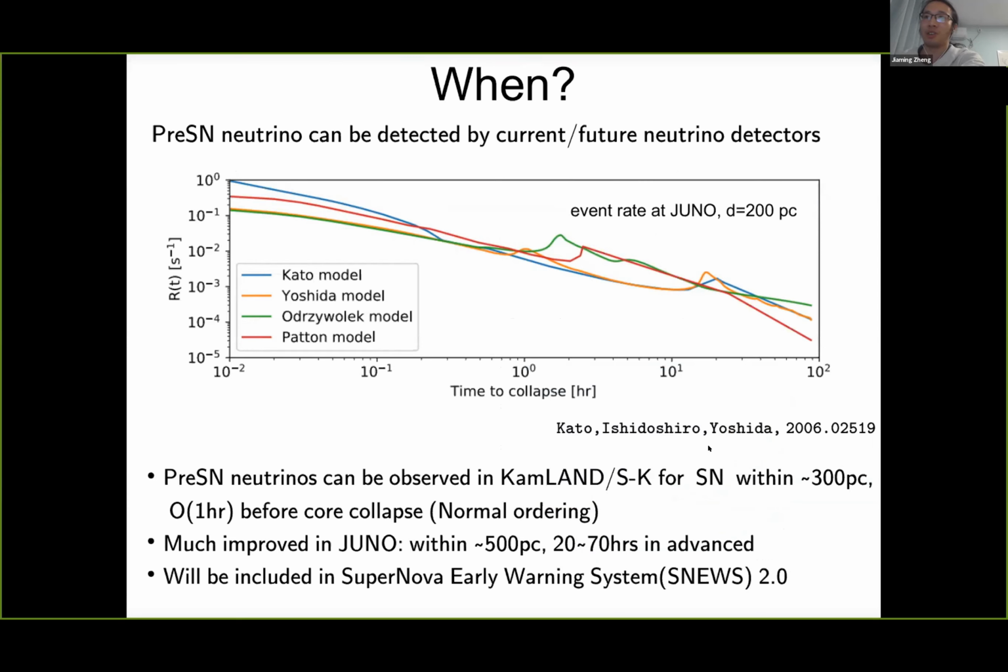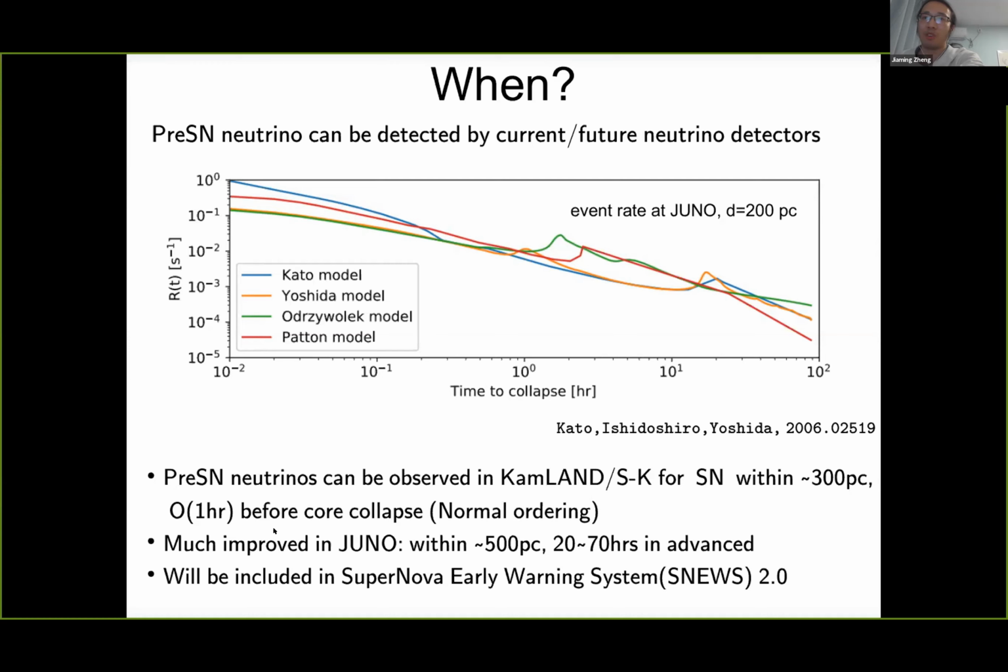According to this very nice review, even though the pre-supernova neutrino flux is very model dependent, and even if we consider the most pessimistic model, the pre-supernova neutrinos can still be observed in the running detectors such as KamLAND or Super-Kamiokande for supernovae within 300 parsecs and about 1 hour before the core collapse.